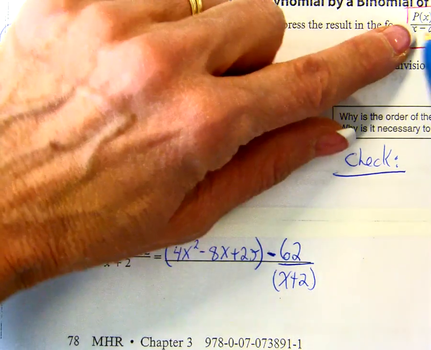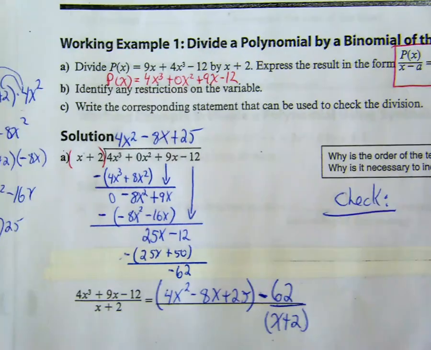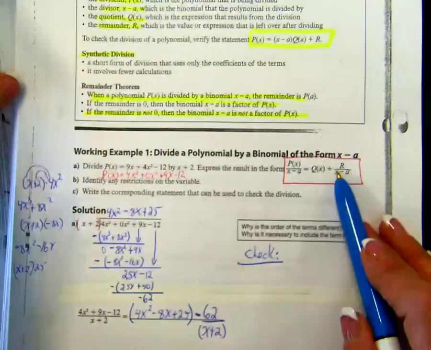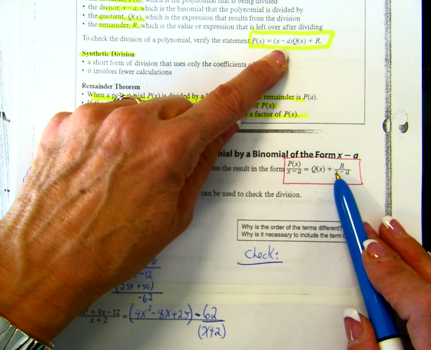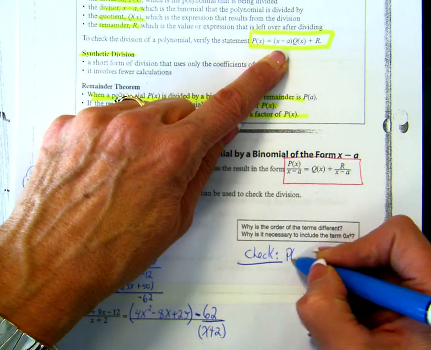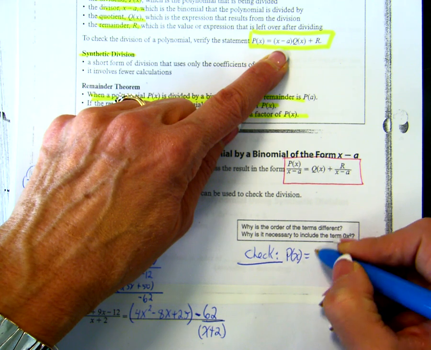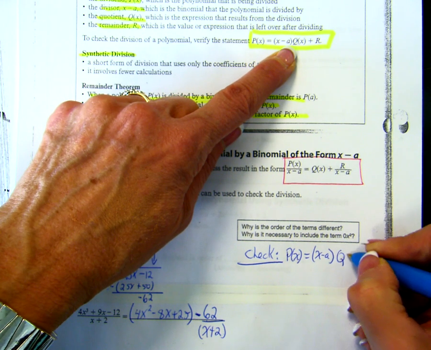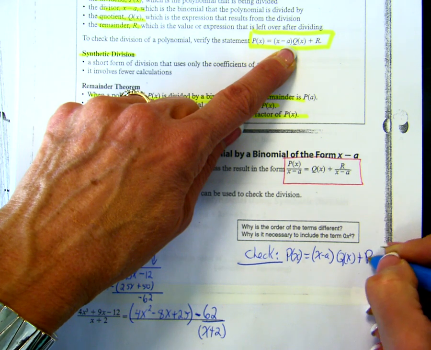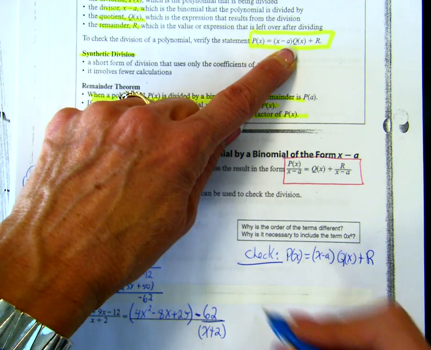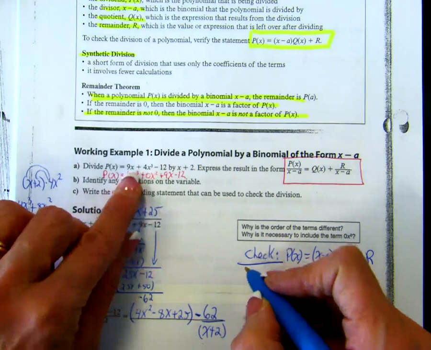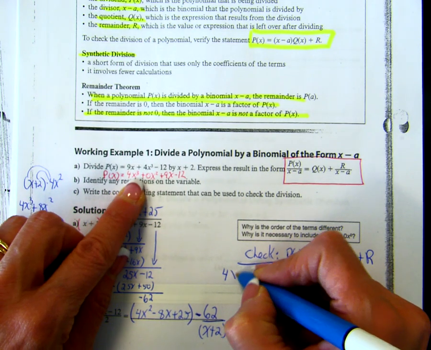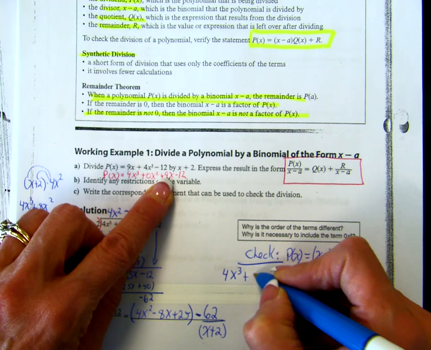Okay, how do you check this? Well, if I'm going to check this, I would be multiplying both sides by x minus a, and I would end up with this equation. So does our polynomial in x equal x minus a times q of x plus r? What's my polynomial in order?